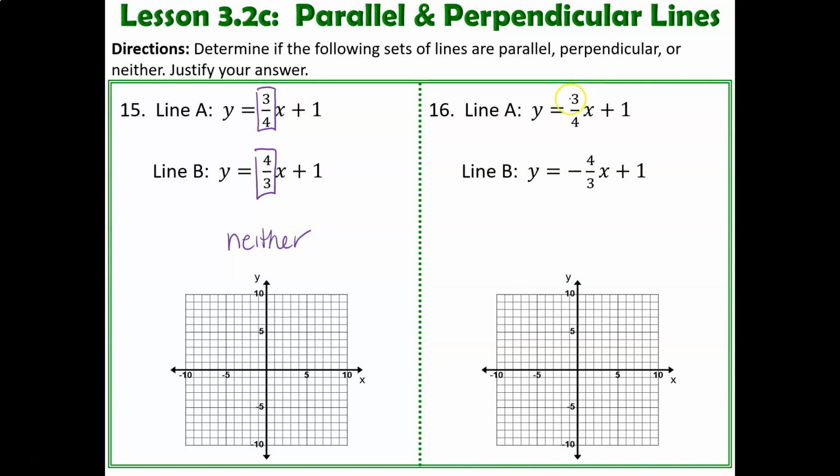So let's look at 16. We have 3/4 as a slope for A, negative 4/3 for B. So this is the opposite reciprocal. It is flipped upside down and the opposite sign. So these are perpendicular lines, and the slopes are opposite reciprocals.